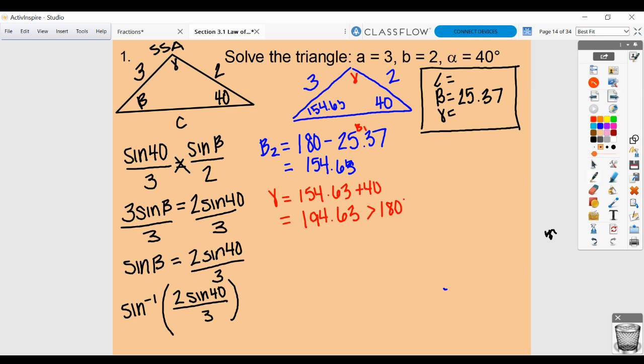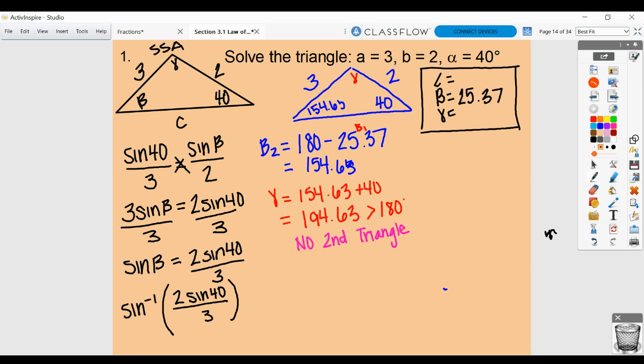If it's over 180, that means that you do not have a second triangle. So no second triangle, because it doesn't work.